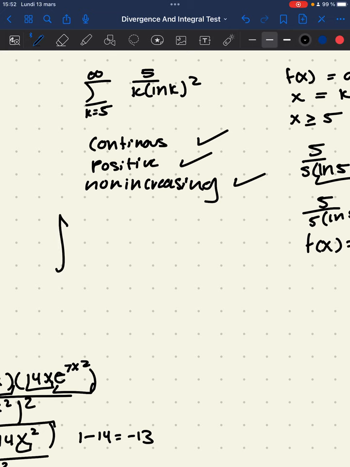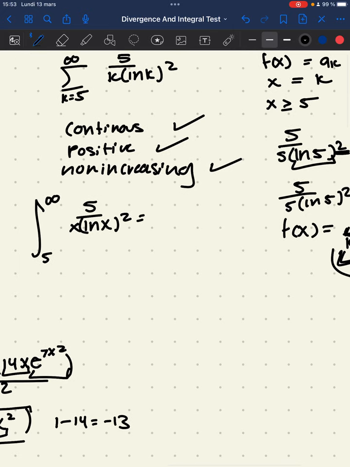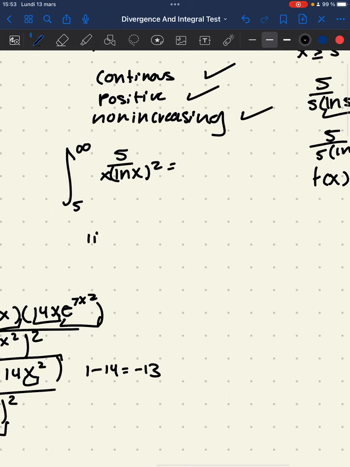So we do the integral, starting at 5 to infinity, 5 over x ln x squared. Now let me see how I solve this. Okay, perfect. Oh, hold on, we gotta first use the limit. So limit as b approaches infinity, the integral from 5 to b, we can take out the 5 because it's just a constant.